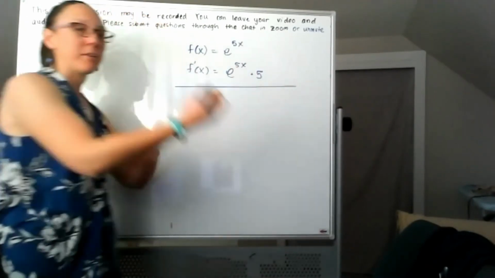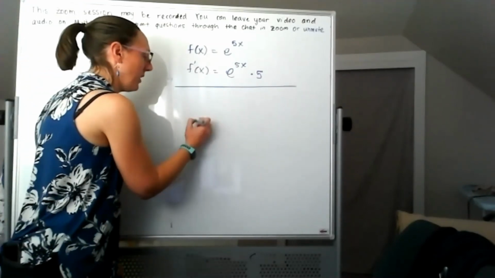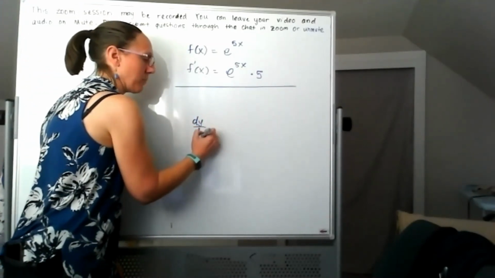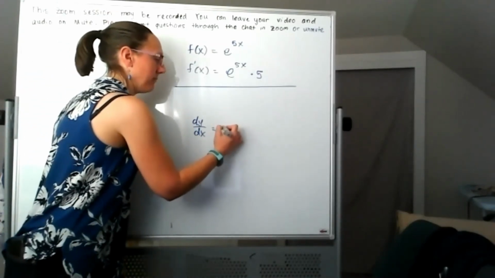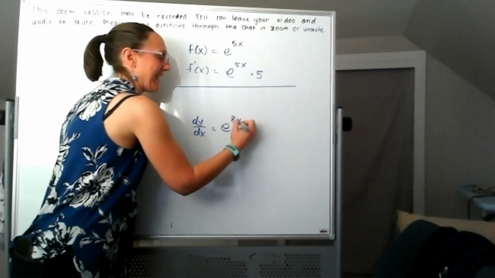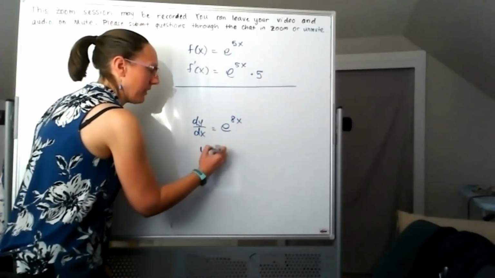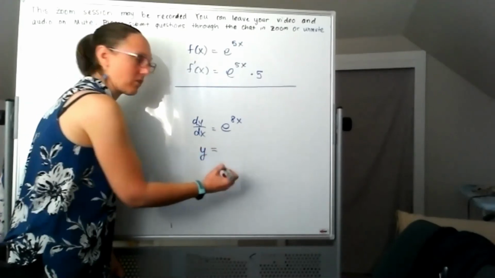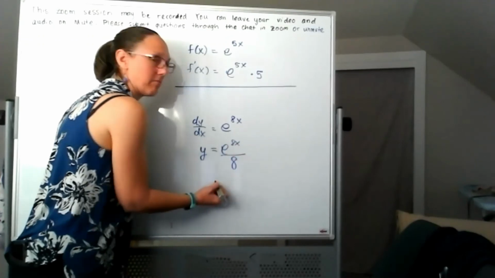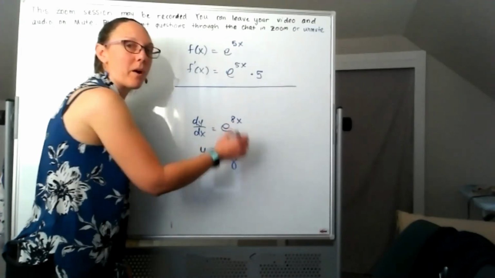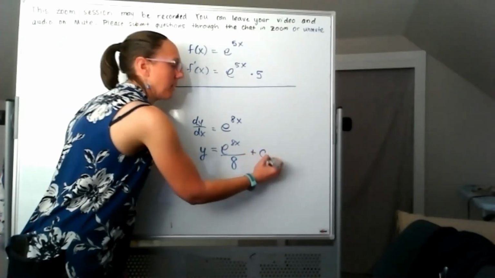Which means that if we flip this around and think about antiderivatives, if I started out with dy/dx equal to e to the 8x, and I'm trying to find the antiderivative of that, then my antiderivative is going to look like e to the 8x divided by 8, so that I'm undoing that chain rule piece, plus a constant.